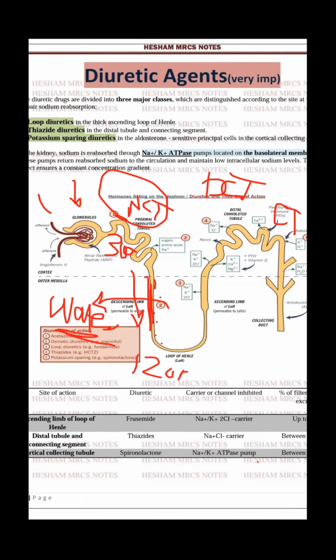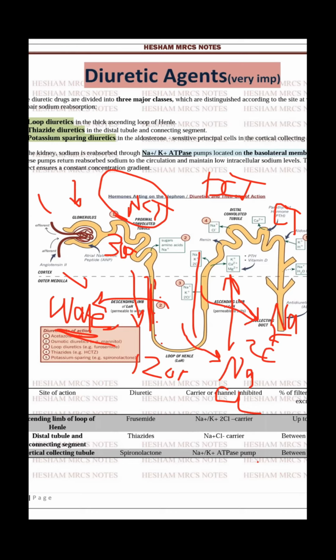Then, what is the function of the ascending limb of the loop of Henle? You have thin ascending and thick ascending. All of this is not permeable to water. So the descending is permeable to water, the ascending is not. Here, I will reabsorb solutes. The thin ascending limb is responsible for sodium and chloride, while the thick ascending limb is responsible for sodium, potassium, and 2 chloride.